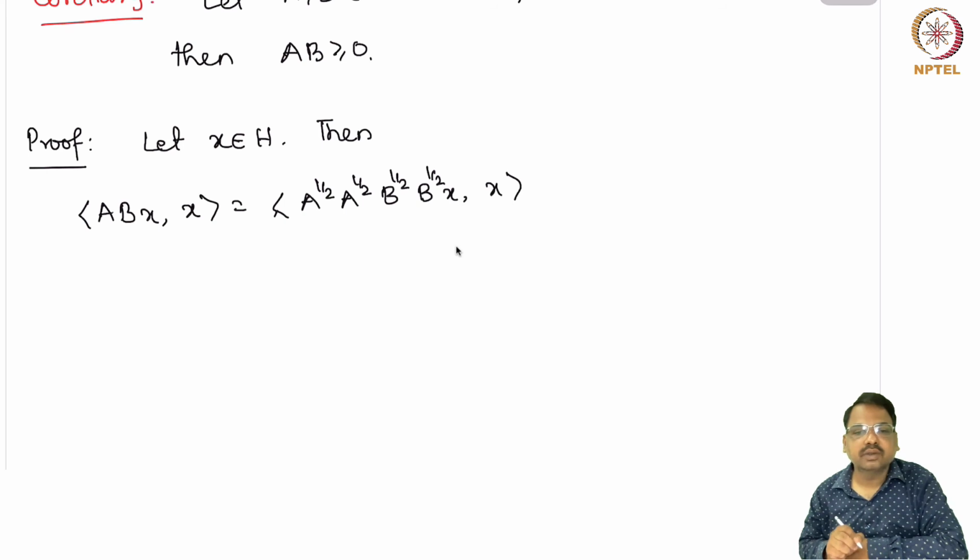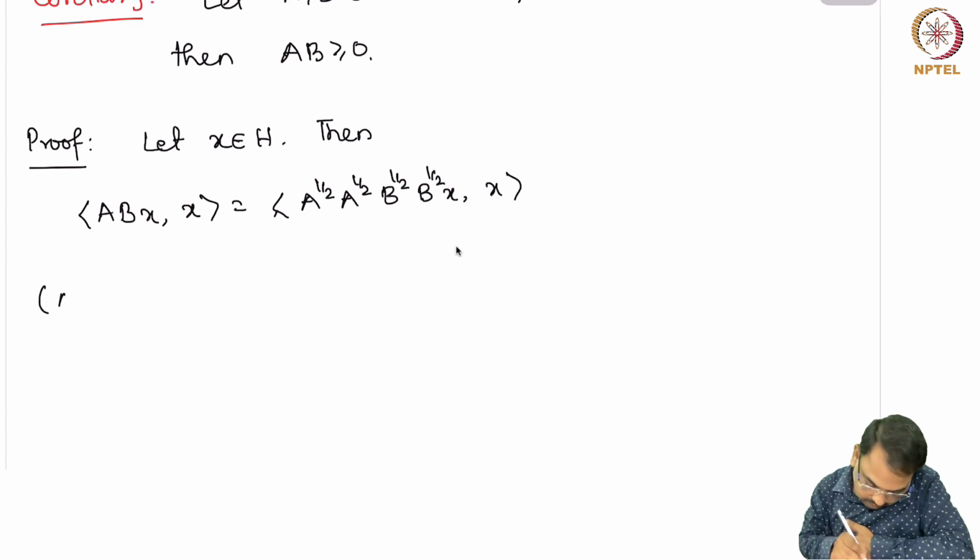Because A and B are positive, they have unique positive square roots by the earlier result. Now AB equal to BA implies square root of A commutes with B, and similarly square root of B also commutes with A. So from that we can say that square root of A commutes with square root of B.